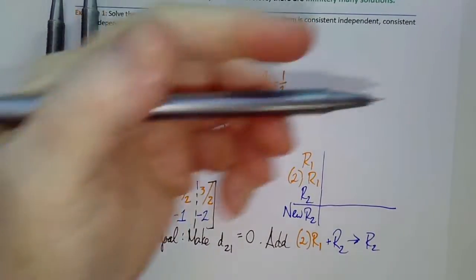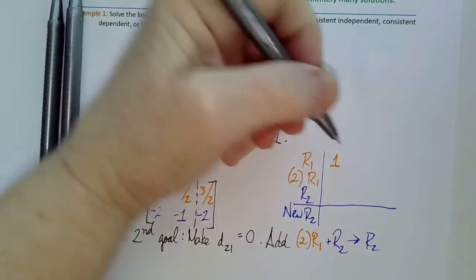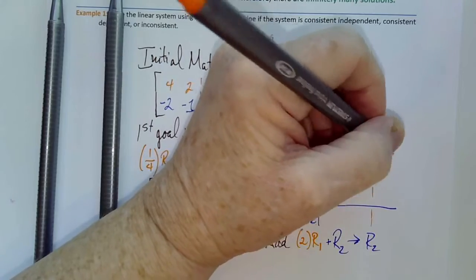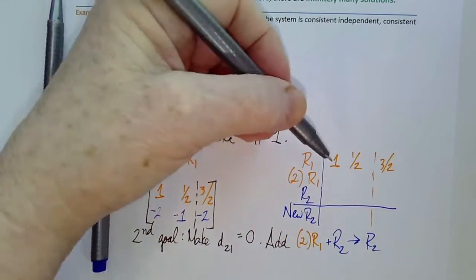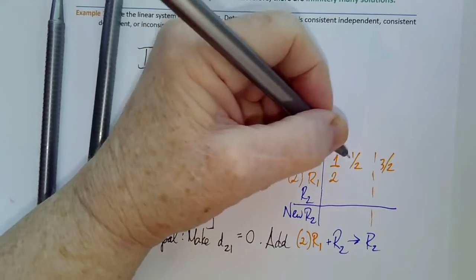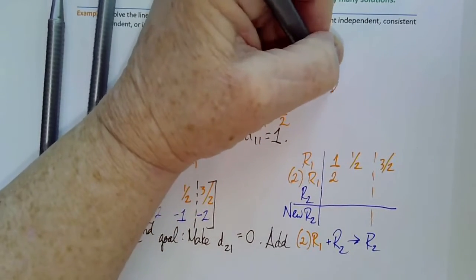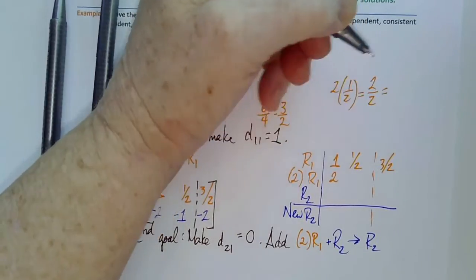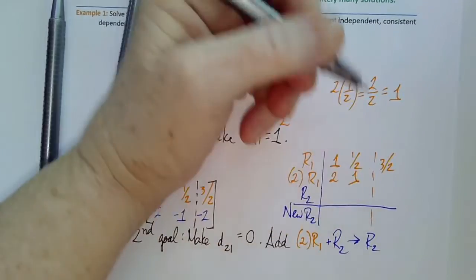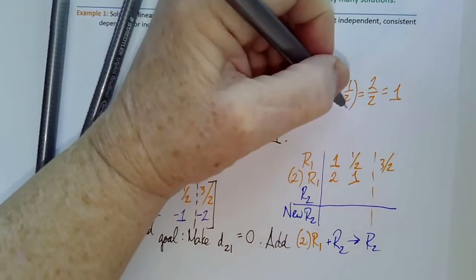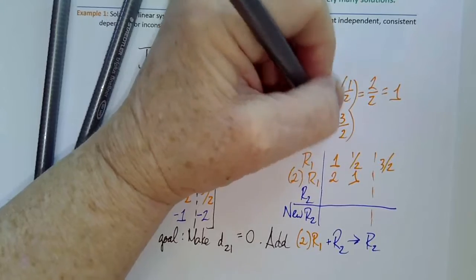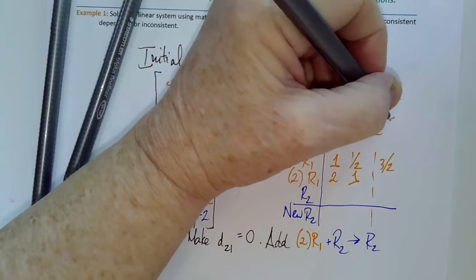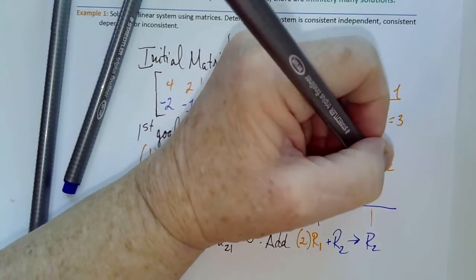Row 1 is currently 1, 1/2, 3/2. 2 times 1 is 2. 2 times 1 over 2, well, that's 2 over 2, and 2 over 2 is 1. That's nice. And then 3 over 2 times 2, well, if we just multiply across, we get 6 over 2, and 6 divided by 2 is 3.